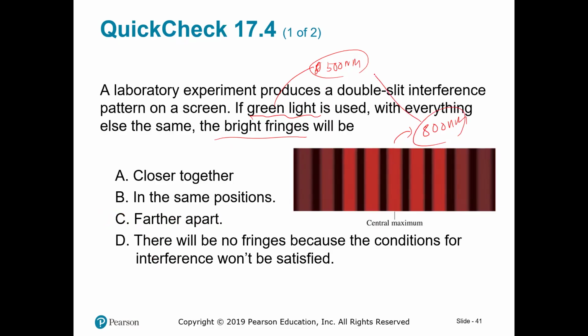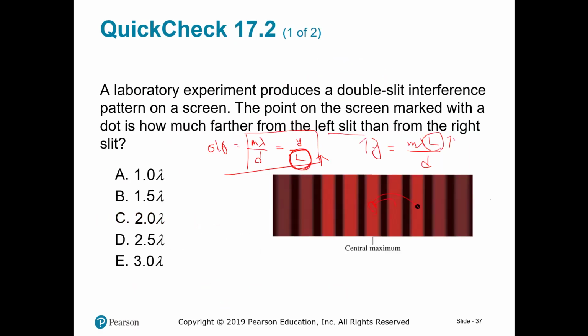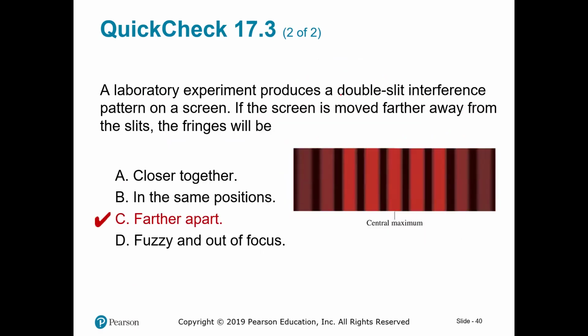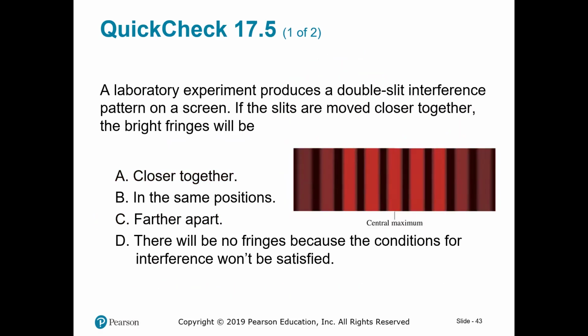So we change its wavelength from 800 to something less than 800. Again, we come back here. Sorry, here, right? So now we decrease lambda. Then y will decrease as well, right? So the answer is closer together, right?